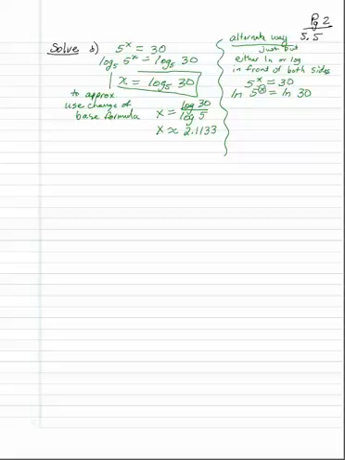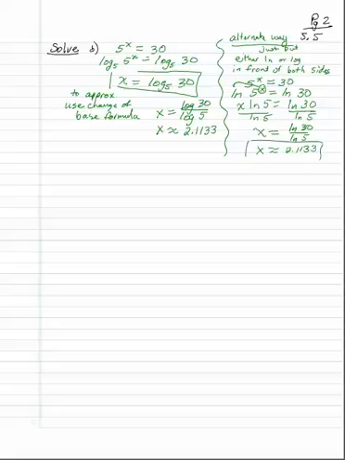We're going to take this x and bring it out in front. So x times ln of 5 equals ln of 30. And we're solving for x, so now we're going to divide both sides by ln of 5. So x equals ln of 30 divided by ln of 5, and you can approximate on your calculator and you'll get the same answer.